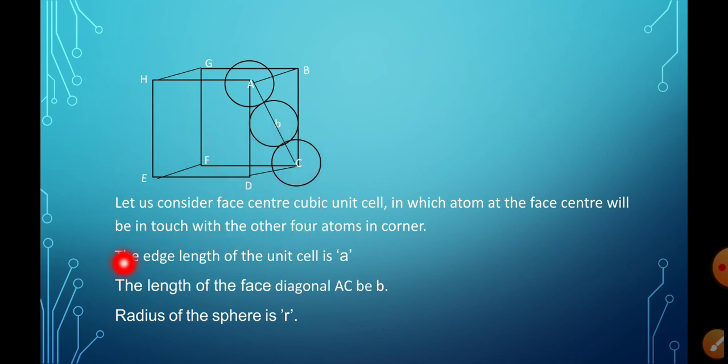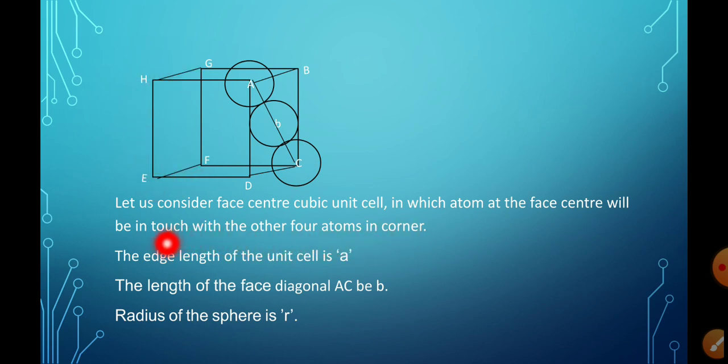Next, we move on to the calculation and considerations. The edge length of the unit cell is a. It is a cubic unit cell, so all the sides or edges have the same length. I consider it as a. Then AB, BC, CD, DA, AH, HG, EF, ED, all these sides of the cube become a.